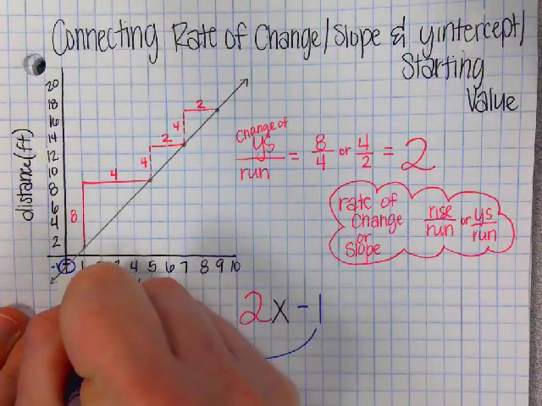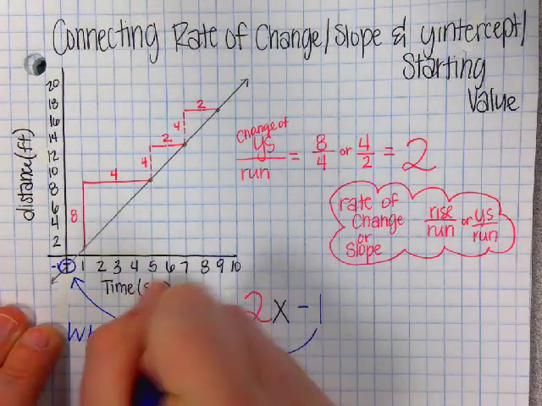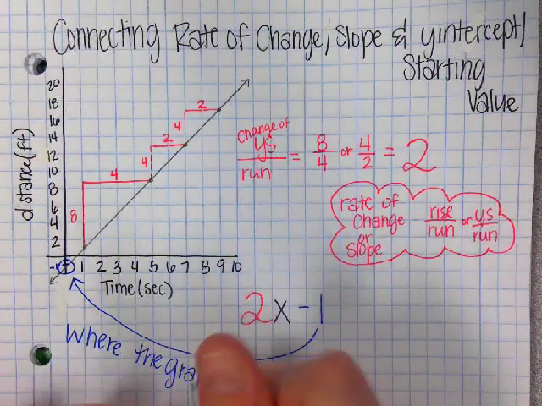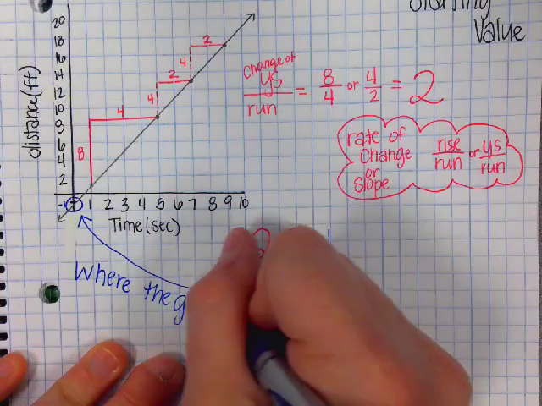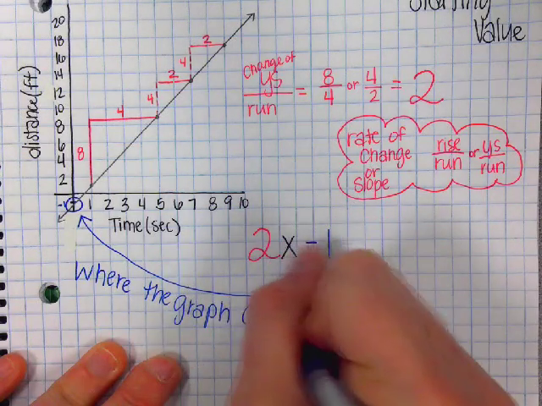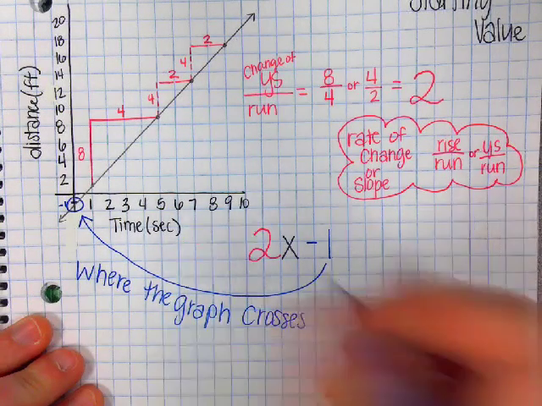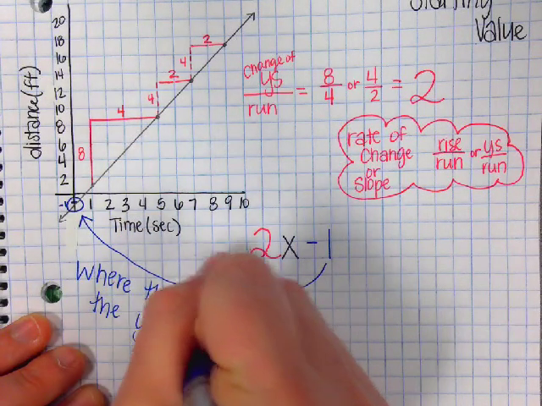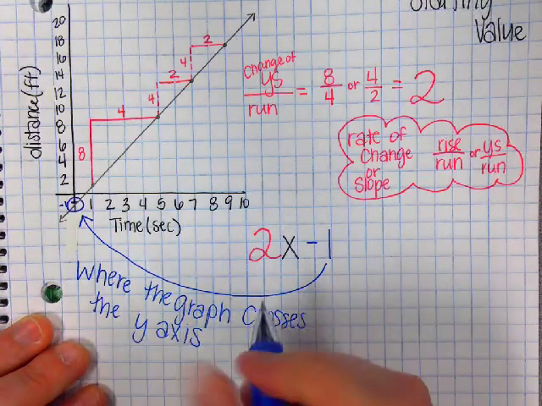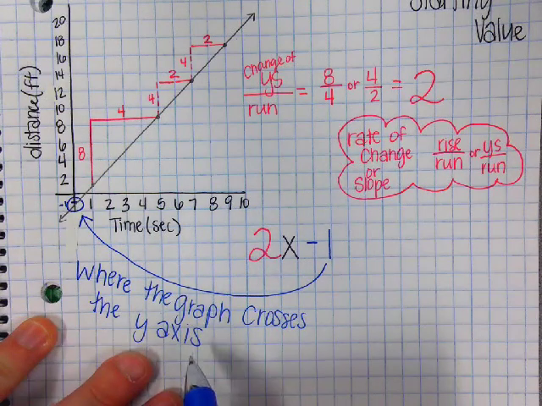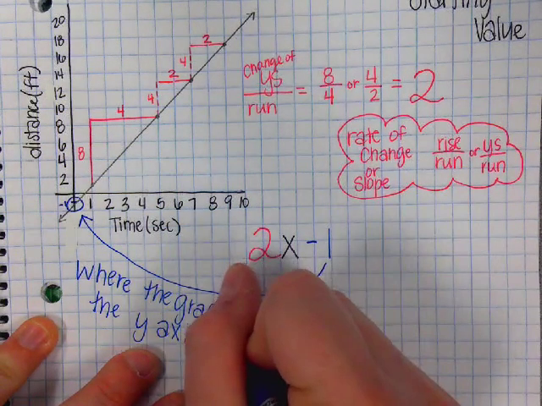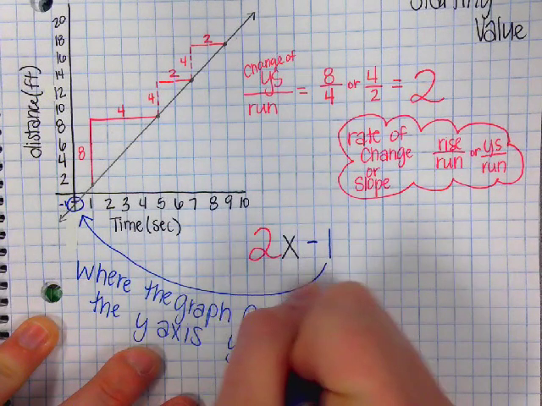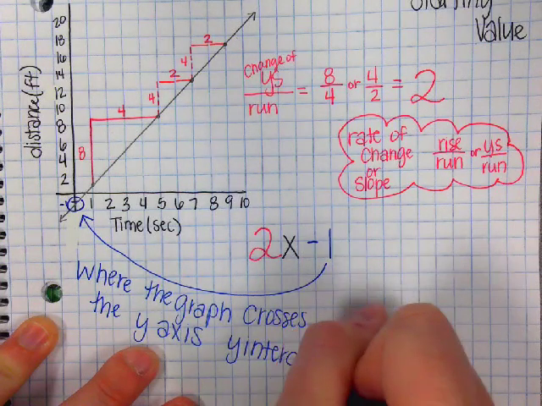It is where, and go ahead and write this, where the graph crosses the y-axis. And it's also known, or this definition is called the y-intercept.